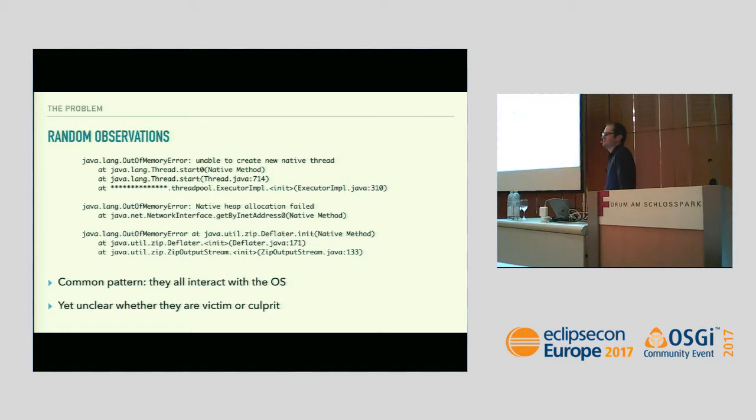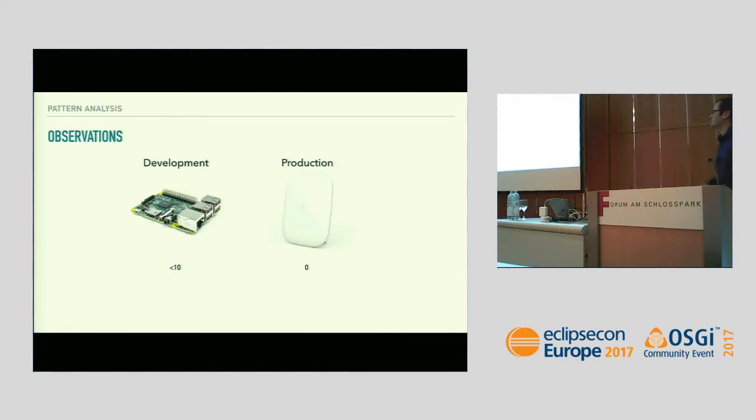But in the beginning it was completely unclear to us whether all these things here actually are only victims, like there is no memory anymore, that's why they cannot work, or if they actually have a memory leak and that's why they might be the culprit. So everybody here is a suspect, but we simply don't know what made that happen.